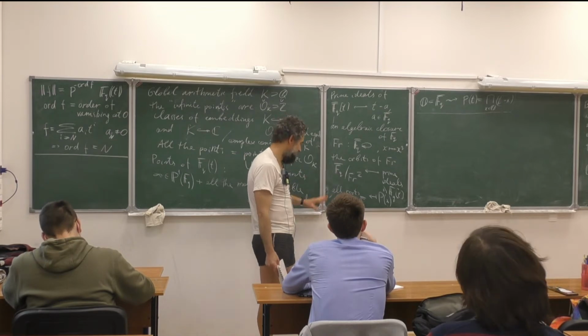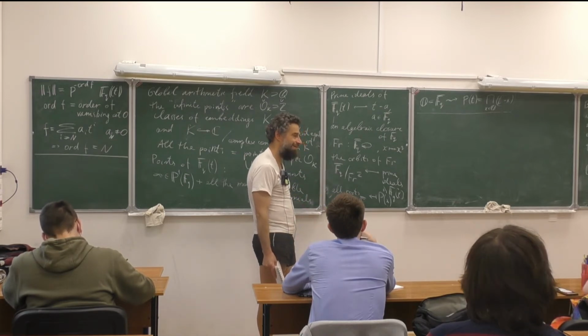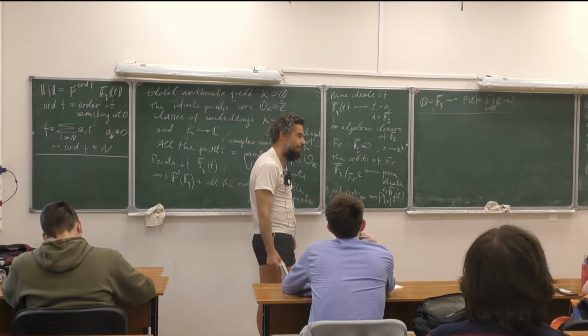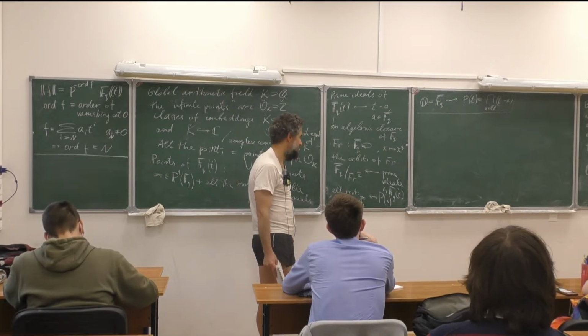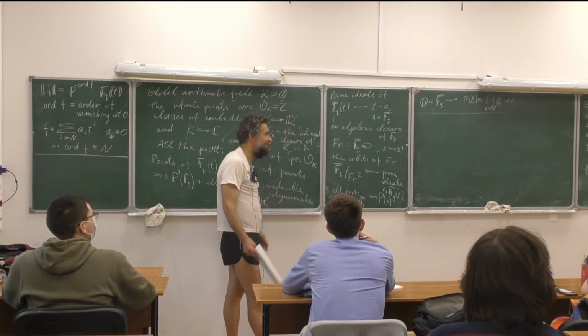But you know that all the roots of an irreducible polynomial are such that any one root can be taken to any other root by the action of the Galois group. So maybe I should think.